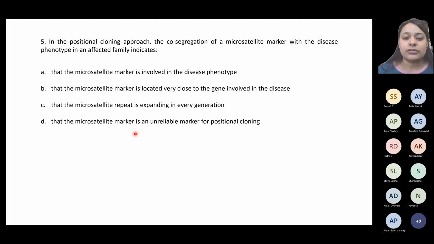Or D, that the microsatellite marker is an unreliable marker for positional cloning. So this is a really good question. It tests your concept of whether or not you are aware of what exactly a microsatellite marker is. So just go through the options. I will discuss the solution.